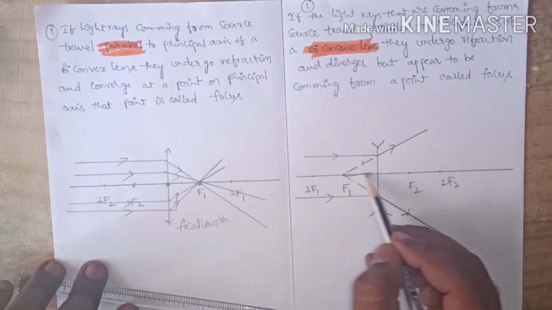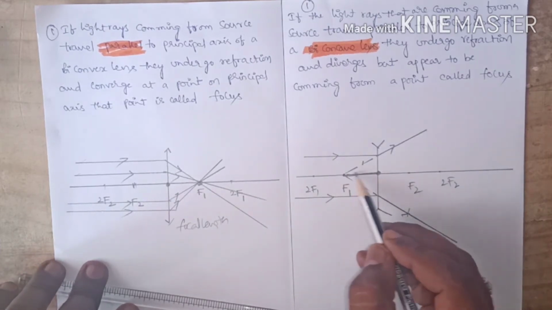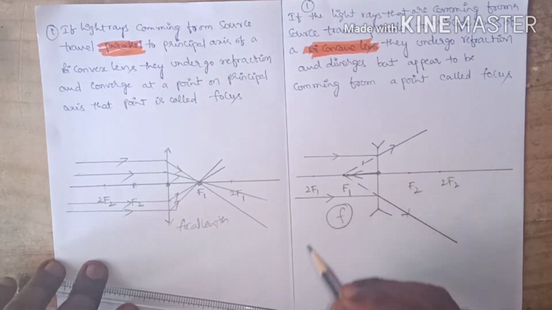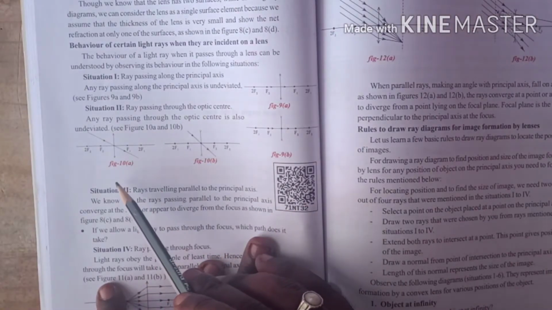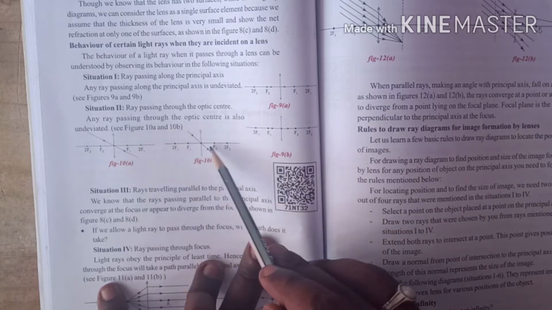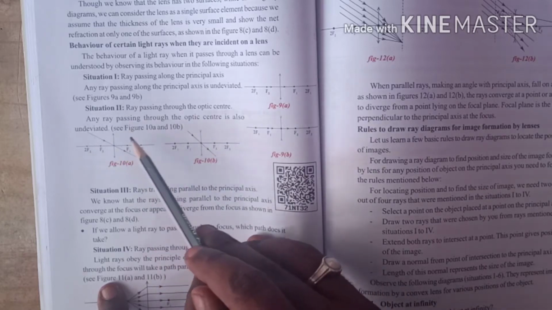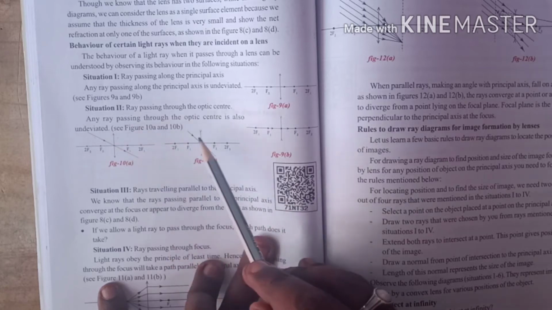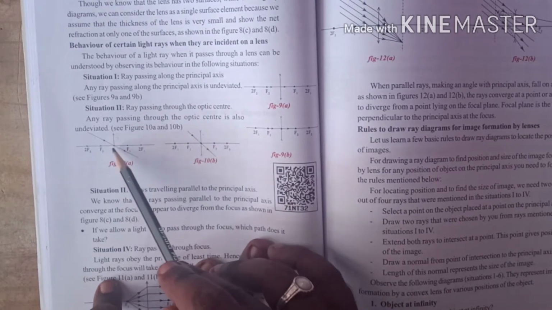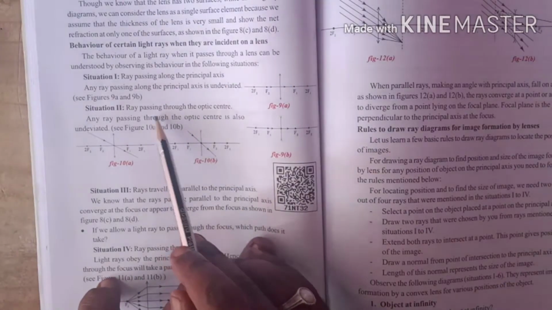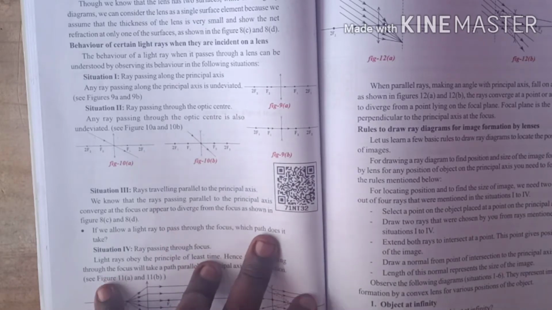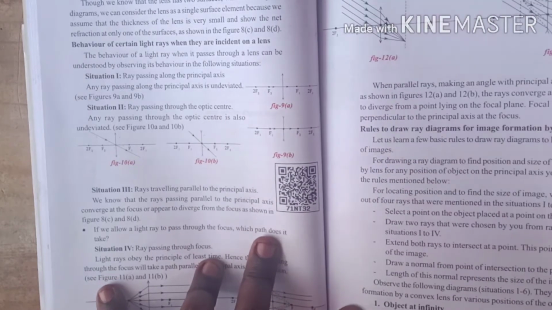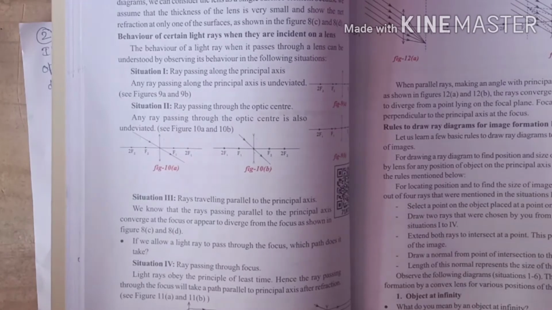Here also, the distance between the optic center and focus is called focal length, represented by the letter F. If you observe here, the light rays which pass through the optic center of either a biconvex lens or a biconcave lens do not deviate from their path, meaning they travel in a straight line.